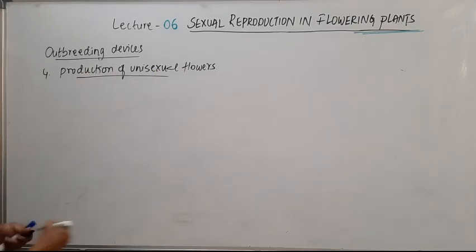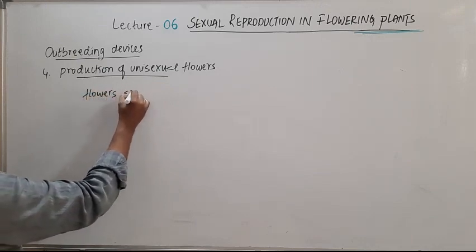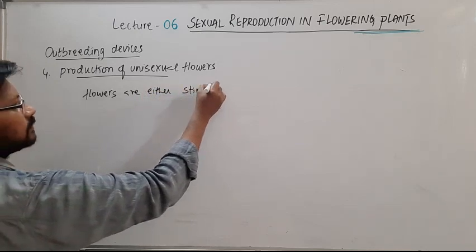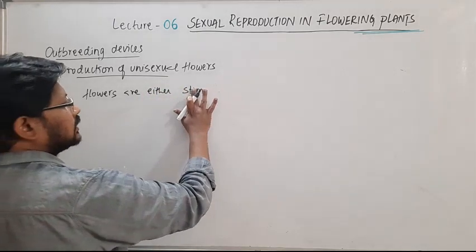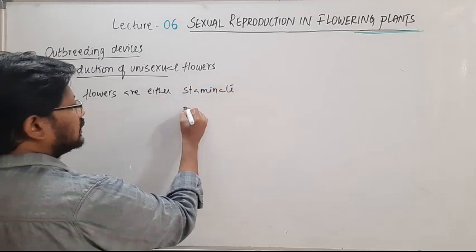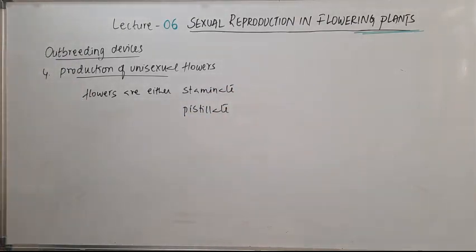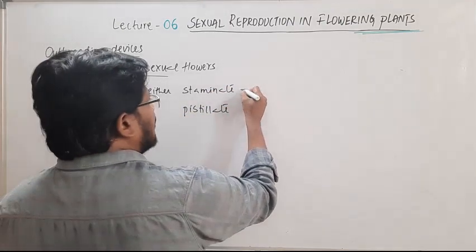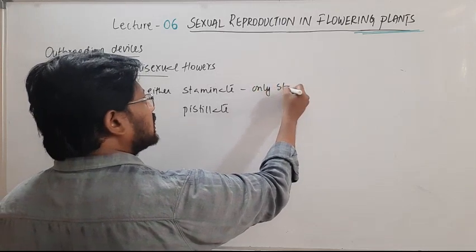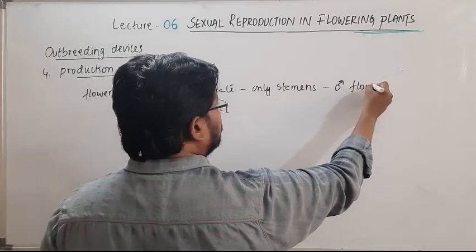Right. So in this case, the flowers are either staminate or they are pistillate. Staminate means they have only stamens, and this is a male flower.